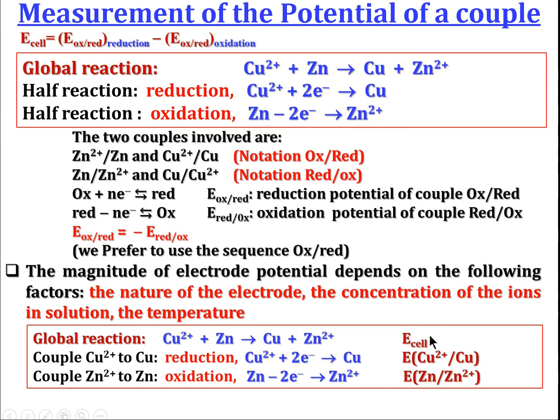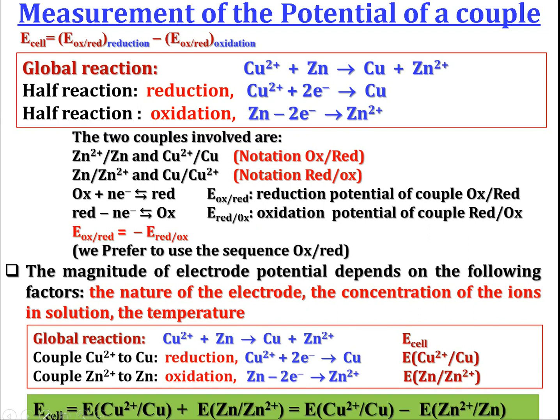The potential of the cell of the global reaction is the sum of the potentials of the two half reactions, so E of the cell equals E of the couple Cu2+/Cu plus E of the couple Zn/Zn2+, and as we know, E of Zn/Zn2+ equals minus E of Zn2+/Zn.